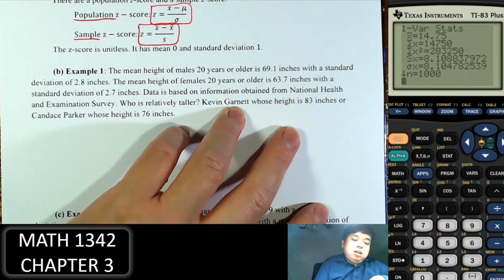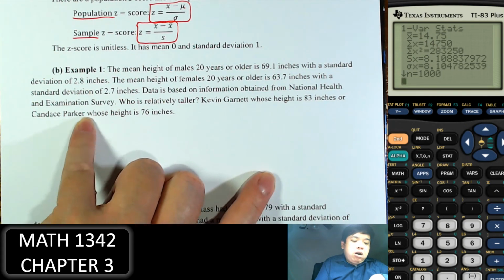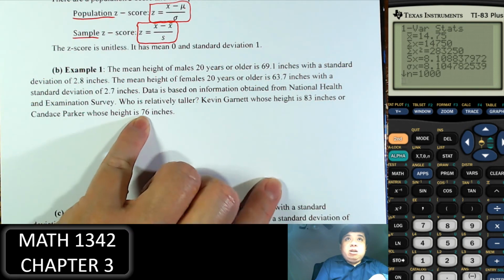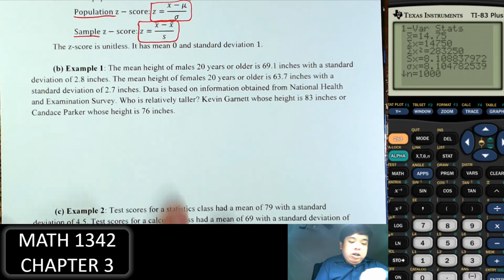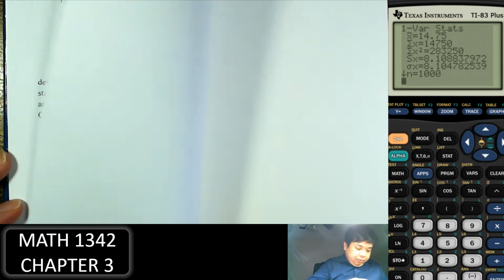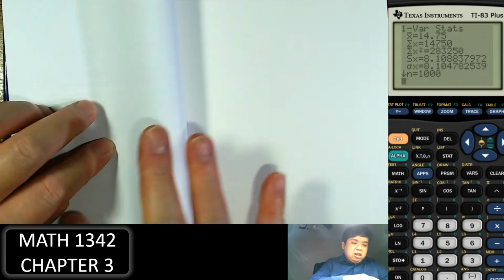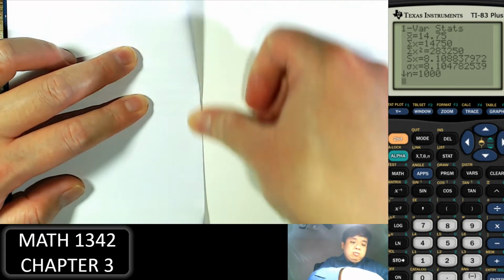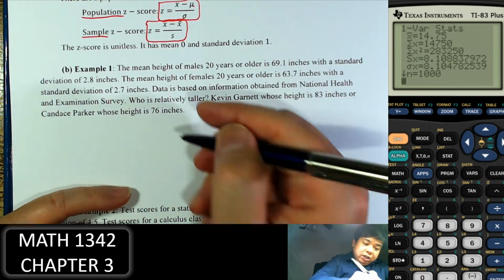Kevin Garnett is 83 inches and Candace Parker is 76 inches. So both of them, Kevin Garnett in the NBA and Candace Parker in the WNBA. So who is taller? Of course, obviously, Kevin Garnett is taller. However, relative to that group, who is actually taller? So we'll calculate both of them.